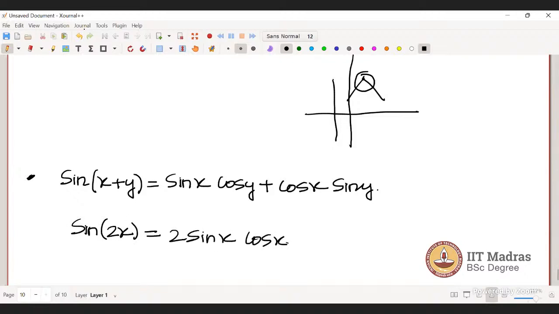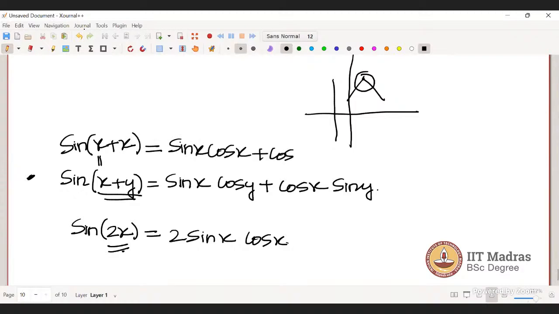As you can see, you want sin 2x here, and if you replace y with x, you will get 2x, right? So then what should you get? Sin x cos x plus cos x sin x. Oh, that makes a lot of sense.